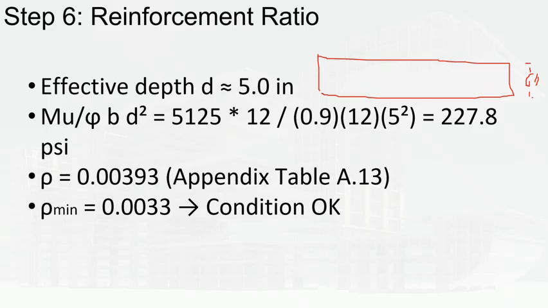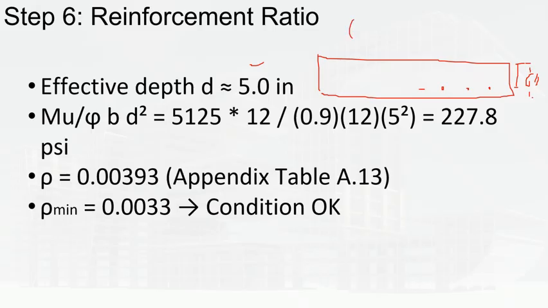So let's say my bars are here. It's just an assumption for right now. The height from the half of your bar to the top of your section will be your depth of slab, so you can calculate it here as 5 inches.